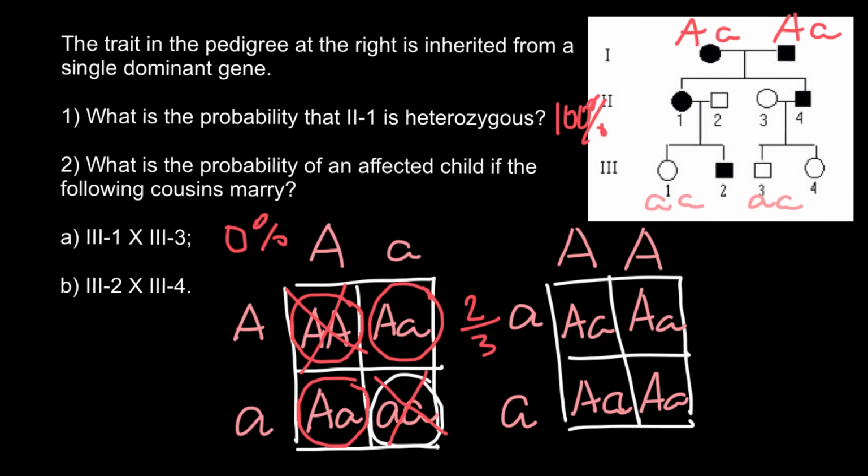And last question, cross 3-2 and 3-4. Because we determined that this person is 100% heterozygous, and of course this person here is homozygous recessive, and we know that the phenotype of this person is affected, that gives us the genotype capital A and small a.